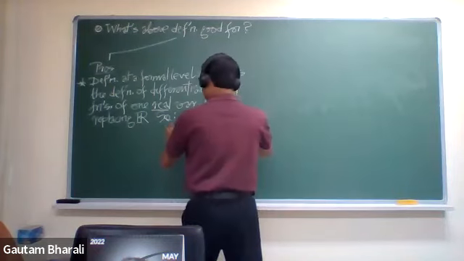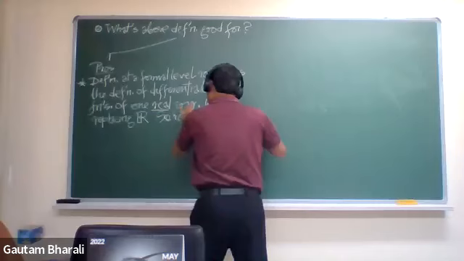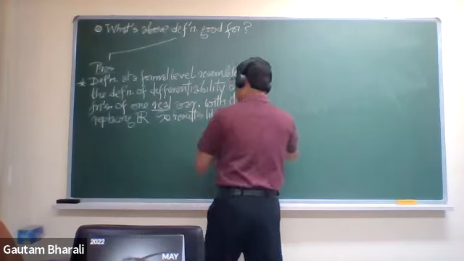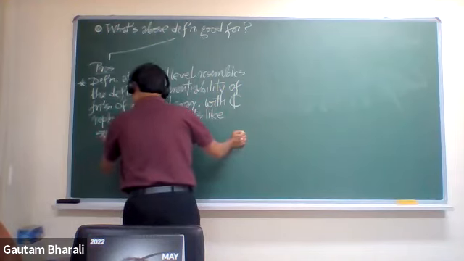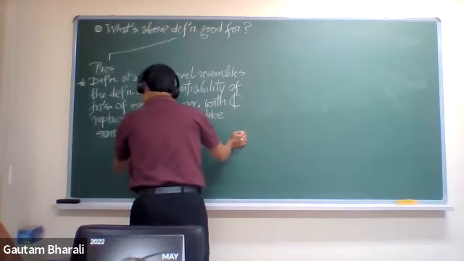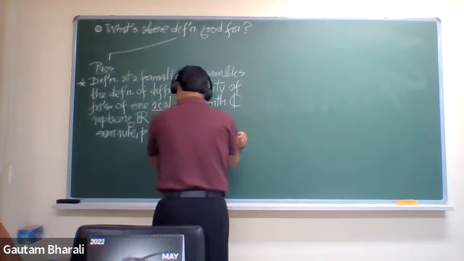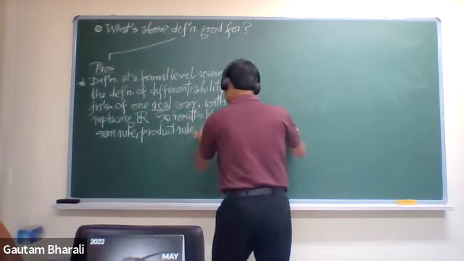So results like, well, let's see, what are results? Like the sum rule, the product rule, and then the chain rule.